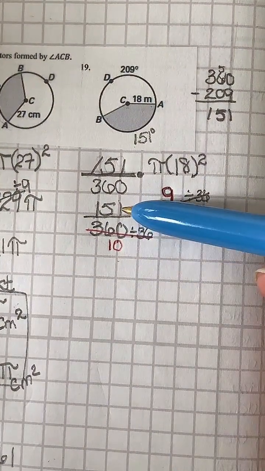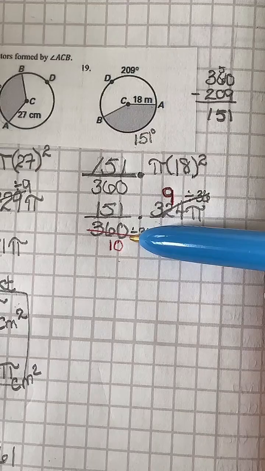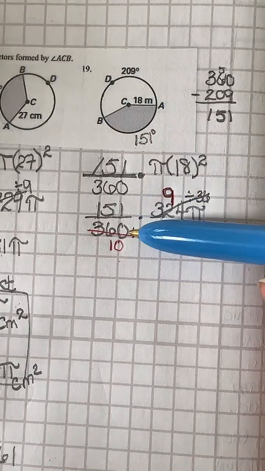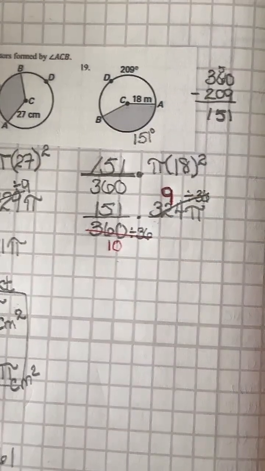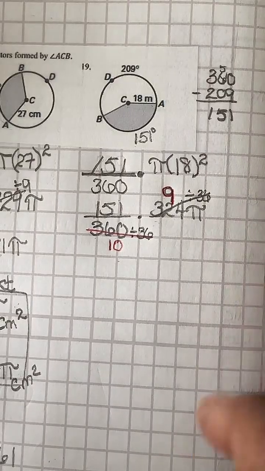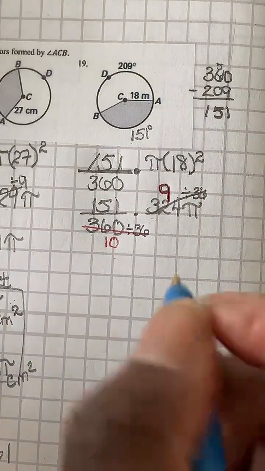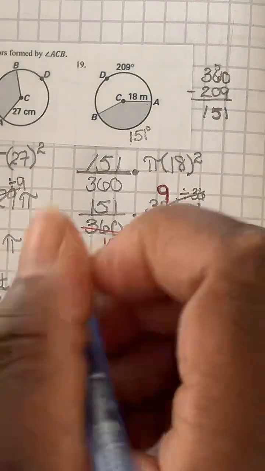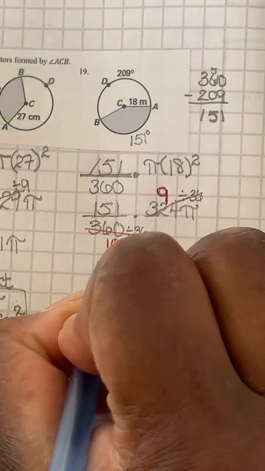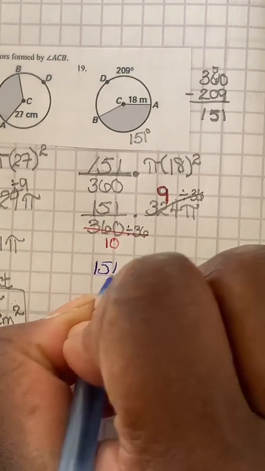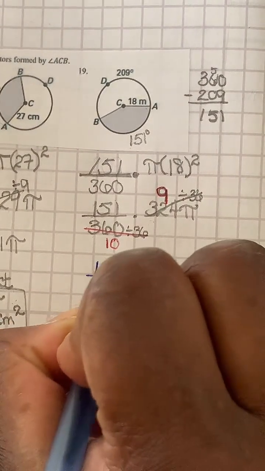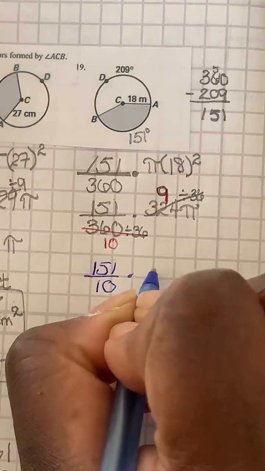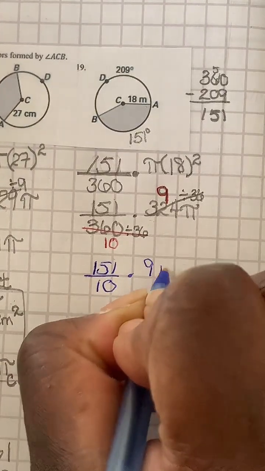I knew I couldn't reduce 151 by 360. 151 is odd, 360 is even. We're not going to get much. So that means we have our 151 over 10 times 9 pi.